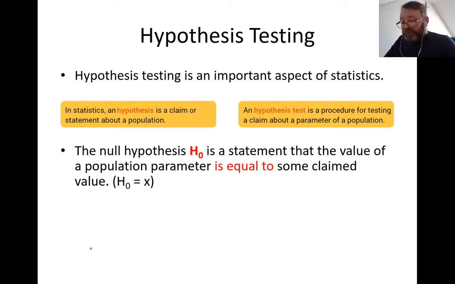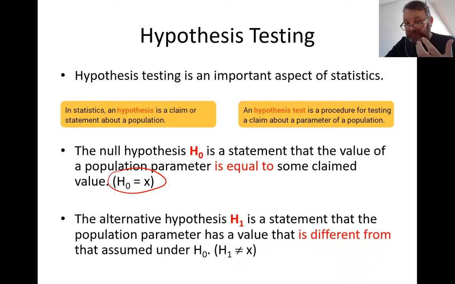Okay. The null hypothesis, H0, is the statement that the value of a population parameter is equal to some claimed value. Now notice what we say. The value of a population parameter is equal to. So therefore, this is the most important thing: H0 will always be equal to the claim. Always be equal to the claim. And that means the only other hypothesis out there is what we call the alternative hypothesis.